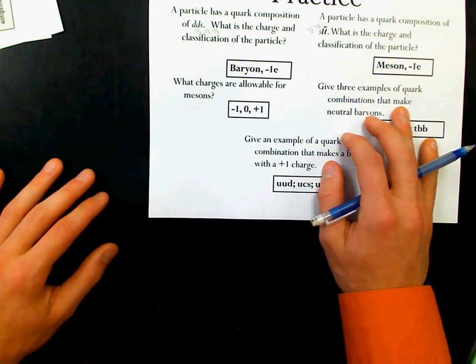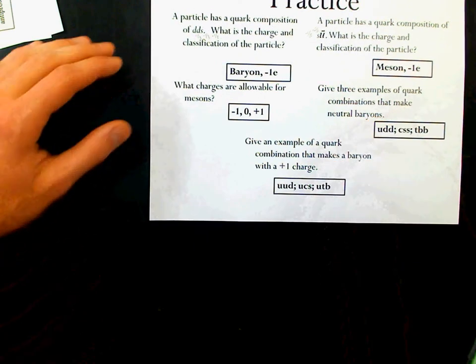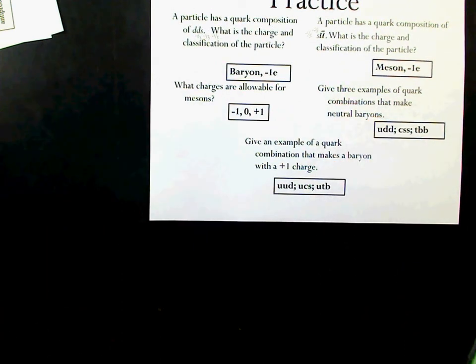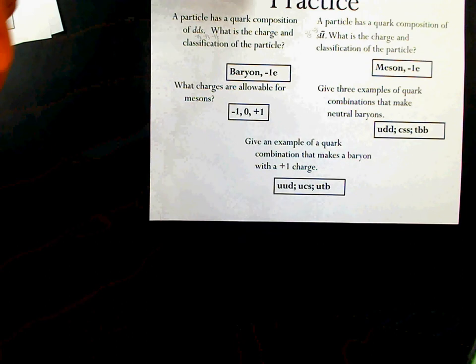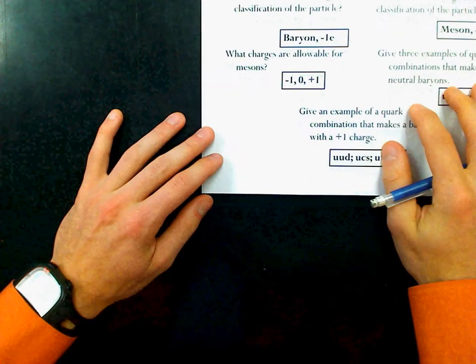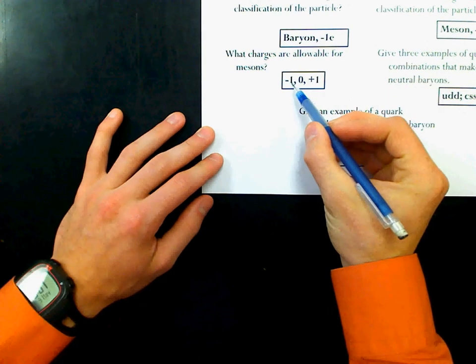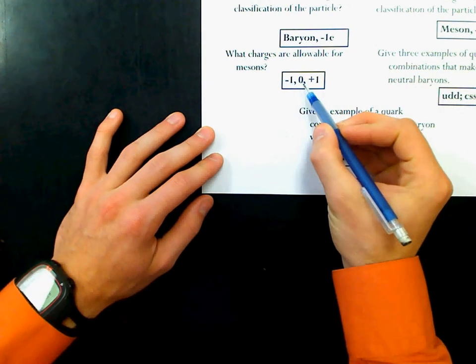What charges are allowable for a meson? So play around and try to figure out what are the possible charges for a meson. Remember, you can only have a quark and an antiquark. Okay? So the correct answer was -1, 0, and +1.